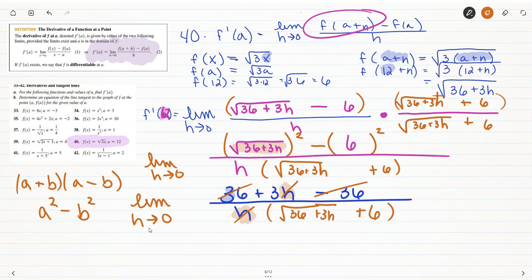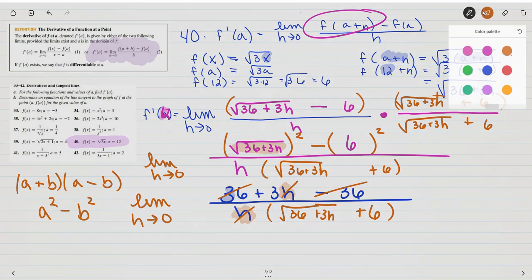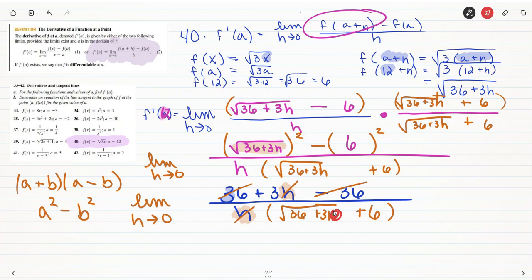But the limit, as h approaches 0, of this is going to be evaluated by replacing the h with 0. So I'm going to have 3 over the square root of 36 plus 3 times 0, plus 6, or 3 over 6 plus 6.